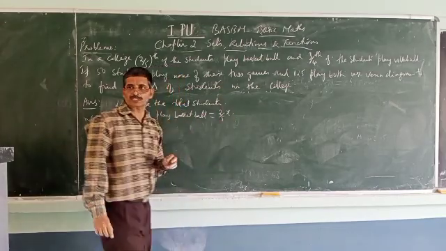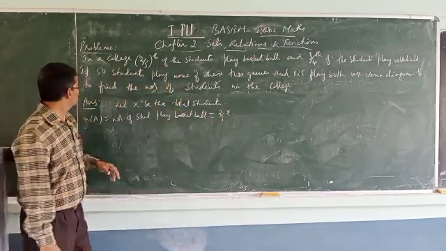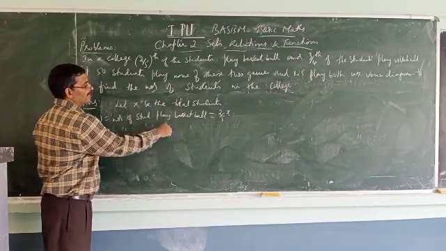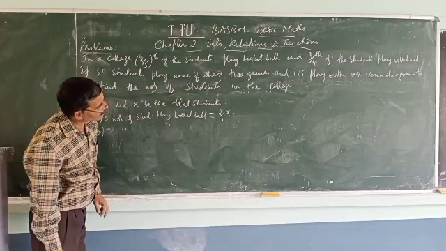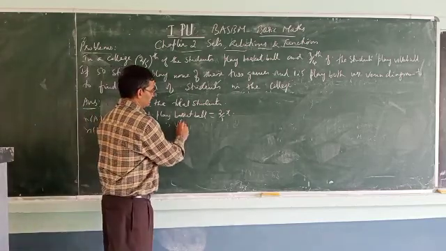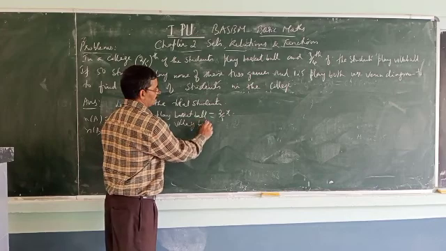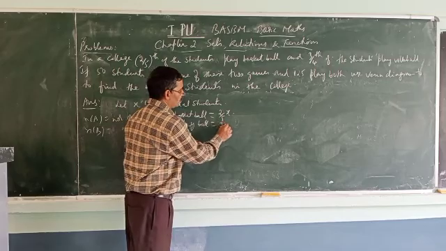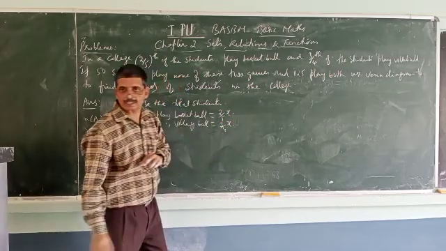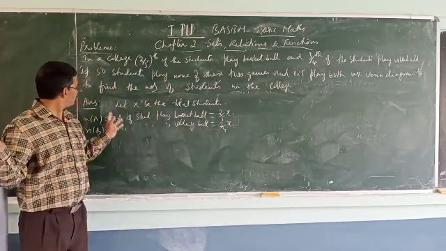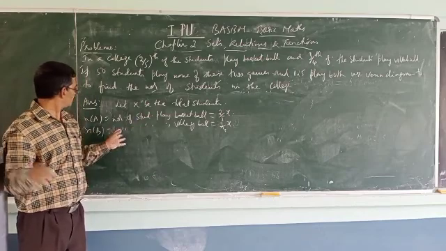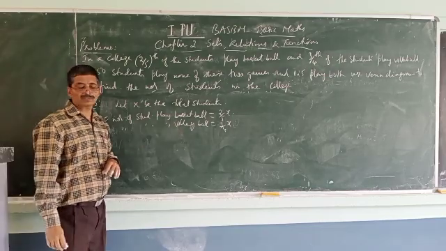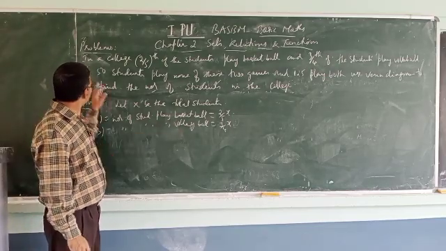Next, n(B), the number of students playing the other one, volleyball, is equal to 3/4 of the students, 3 by 4 into x. So n(A) is the number of students playing basketball, and n(B) is the number of students playing volleyball, 3 by 4 into x.